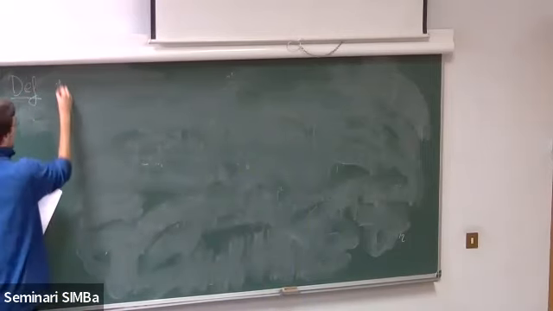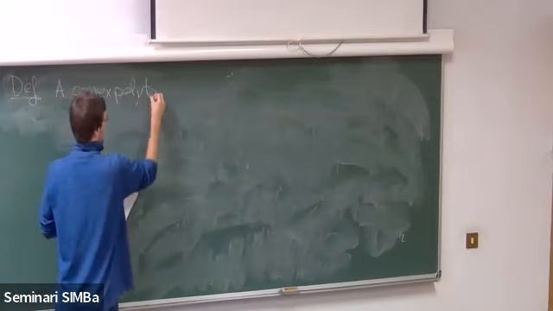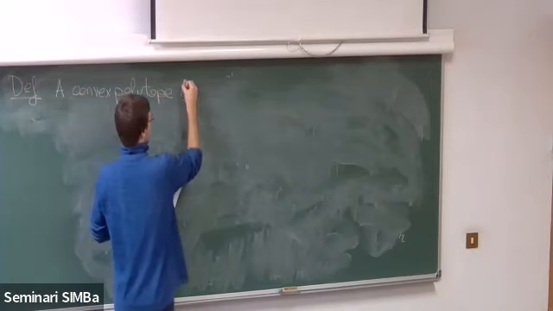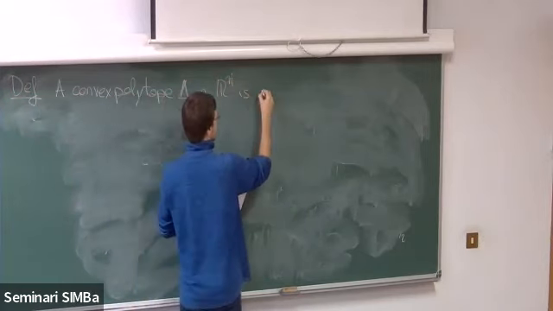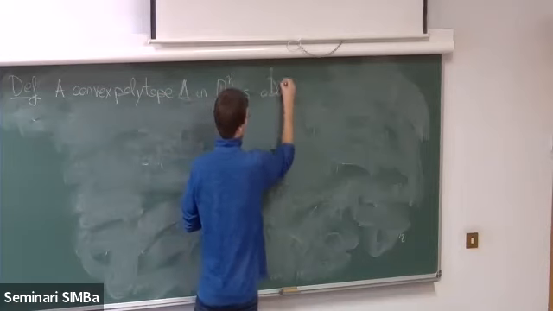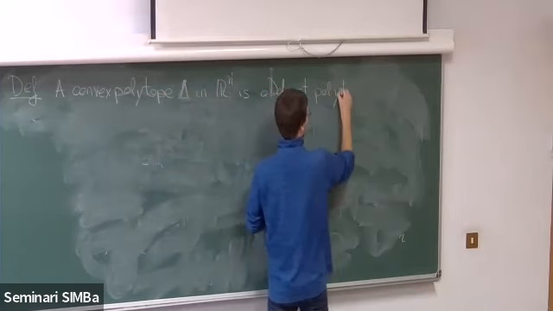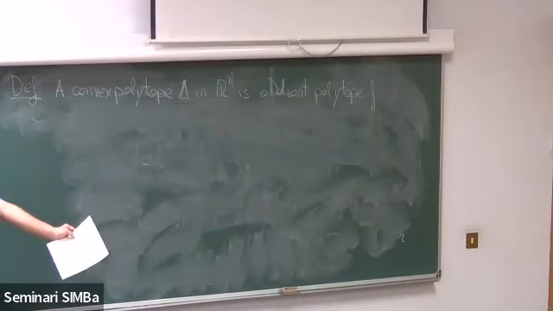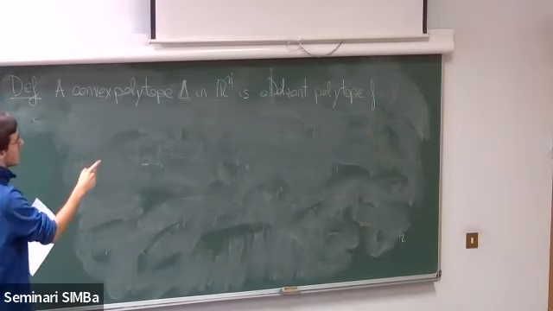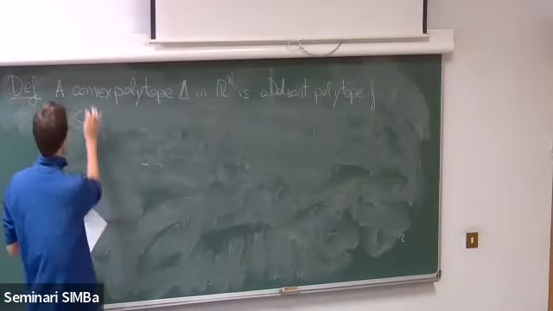A convex polytope that I will call Delta in Rn is a Delzant polytope if three conditions are satisfied. Not every polytope is Delzant, but only the polytopes that satisfy a condition called simplicity.